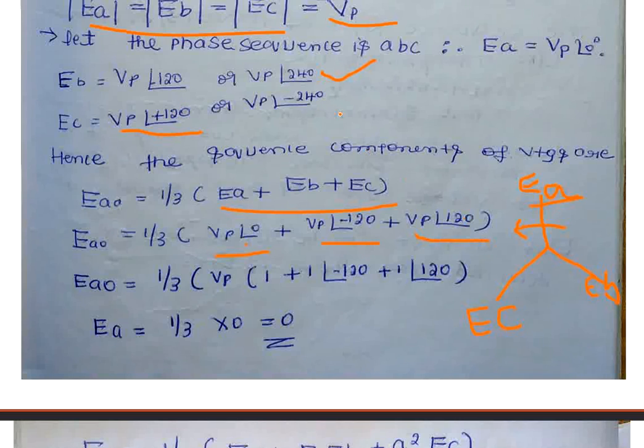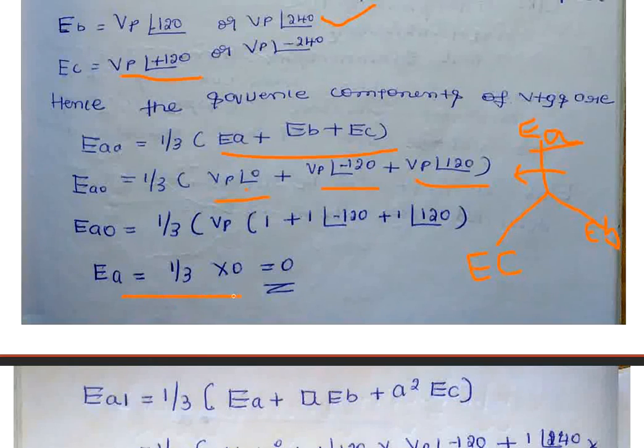After substituting all this, you will get EA0 equals 1 by 3 into 0. You can substitute and check.